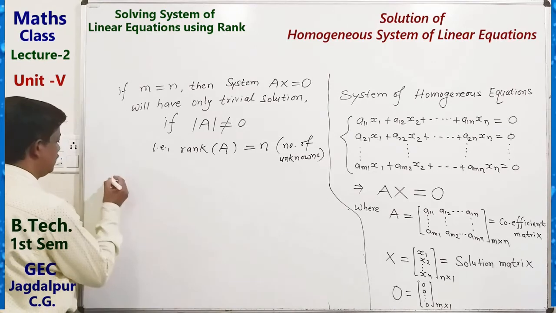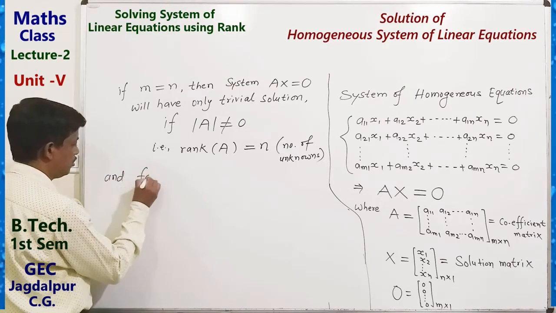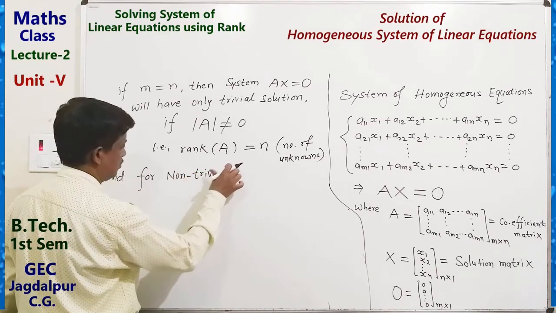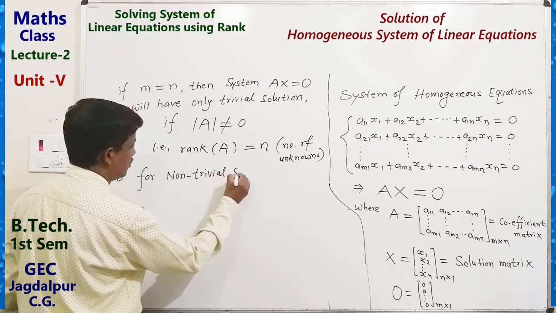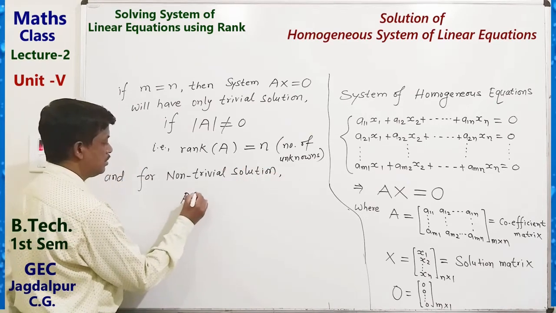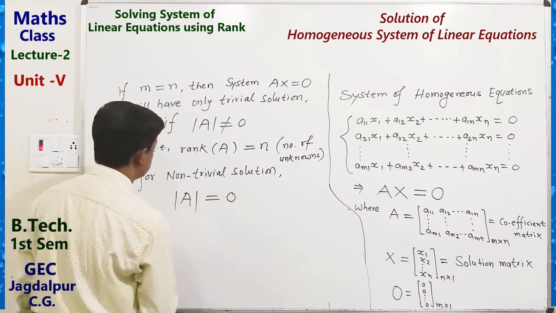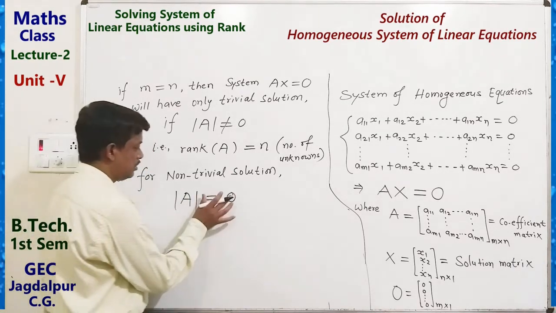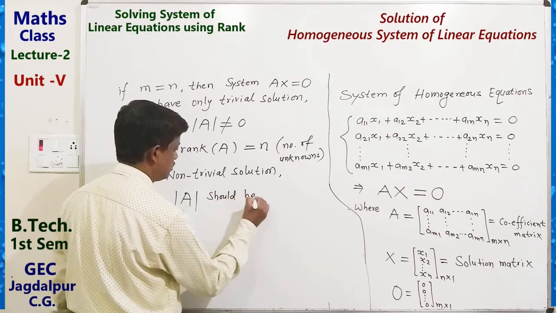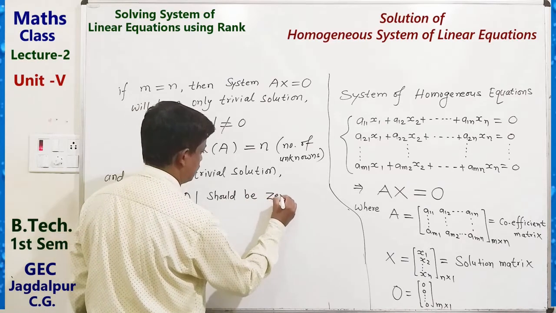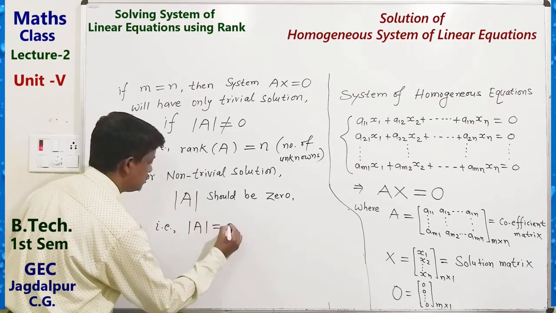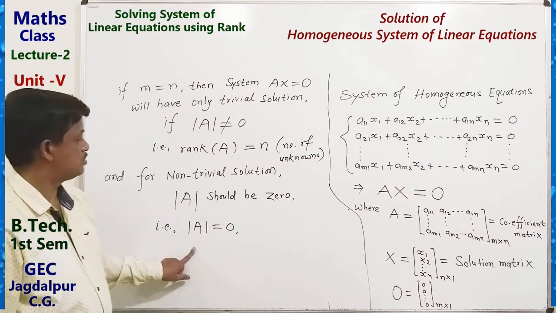And for a non-trivial solution, determinant A should be equal to 0. Determinant A equals 0, then non-trivial solution.